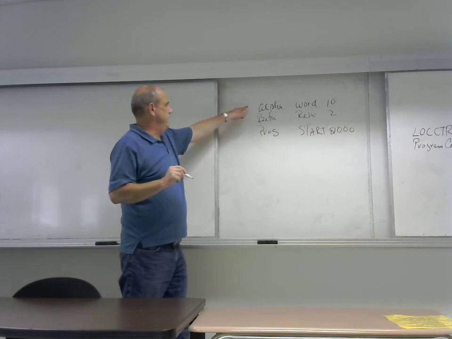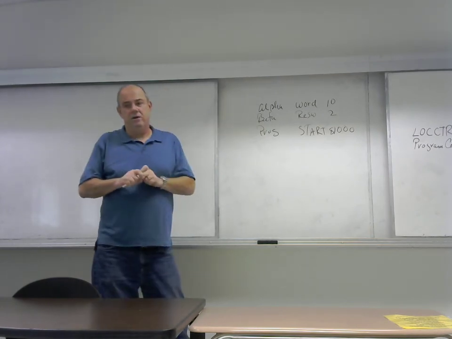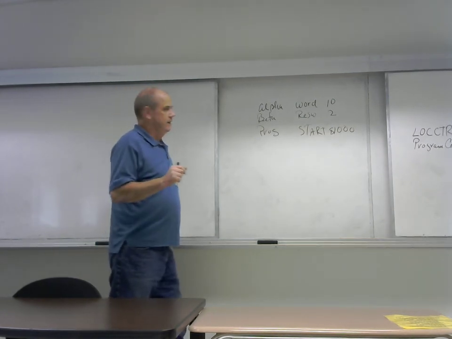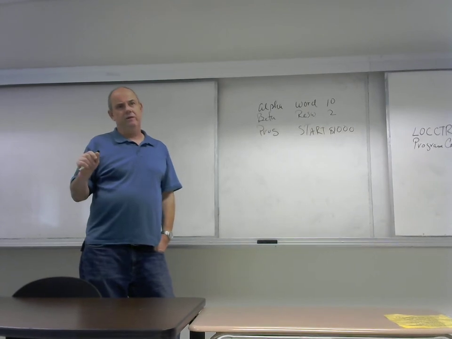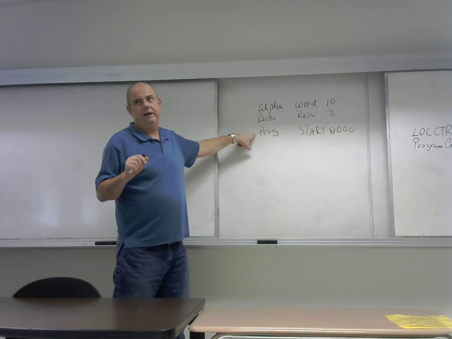So because these are first, what addresses would they have? Well, there's some issues with this, of course. What addresses do you give alpha and beta if you're starting here with 1000?